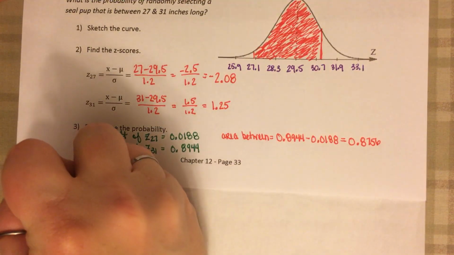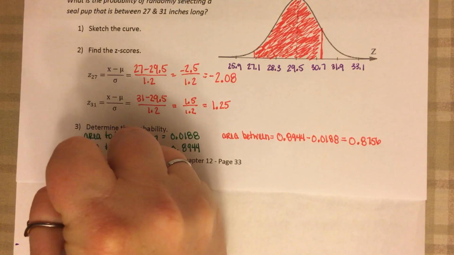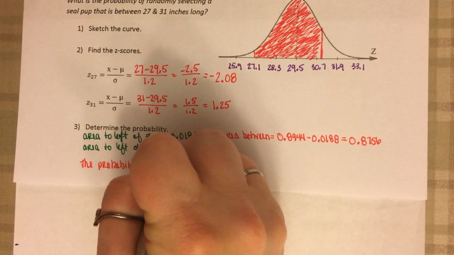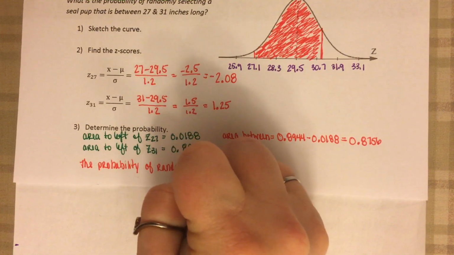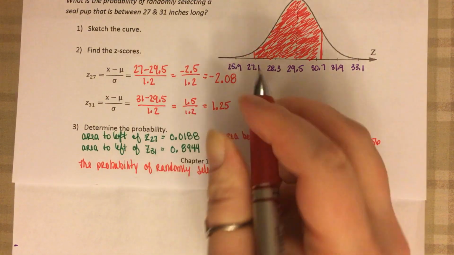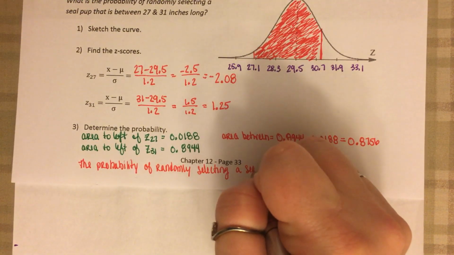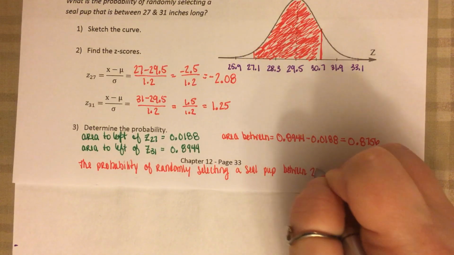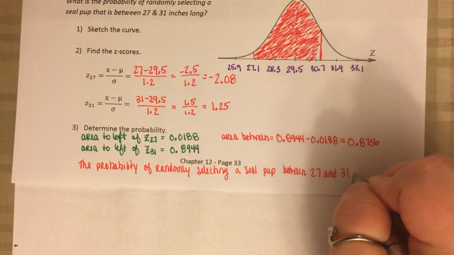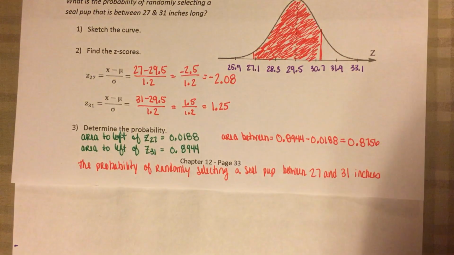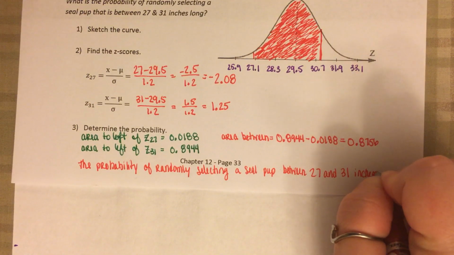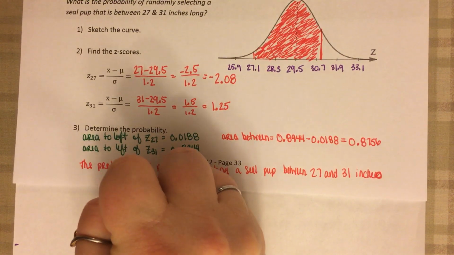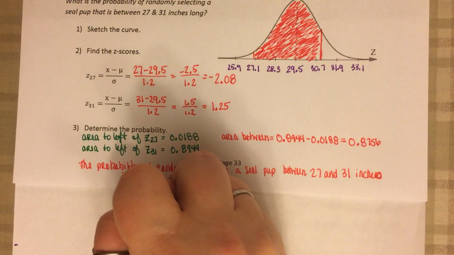Okay, so we will finish this off by saying the probability of randomly selecting a seal pup between 27 and 31 inches is about 0.8756, which rounds to 88%.